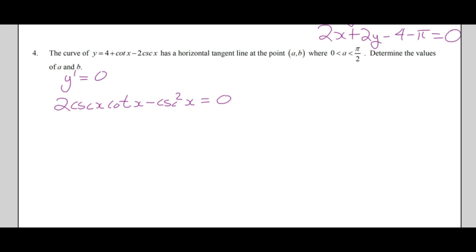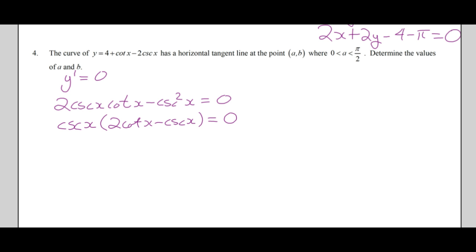Well, we could factor out a cosecant, right? So it's cosecant x times 2 cotangent x minus cosecant x equals 0. So we could say the cosecant is 0.